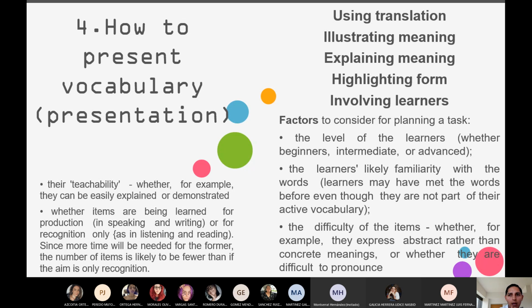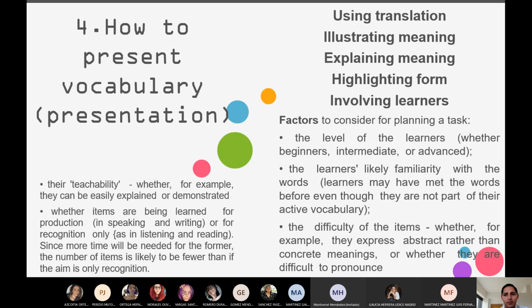Illustrating meaning, you will have pictures for students to check the meaning of the word. Explaining meaning, giving a detail, a procedure for the rules of the word. Highlighting form, noticing strategies. Involving learners, the induction or deduction strategies for learners to understand form.